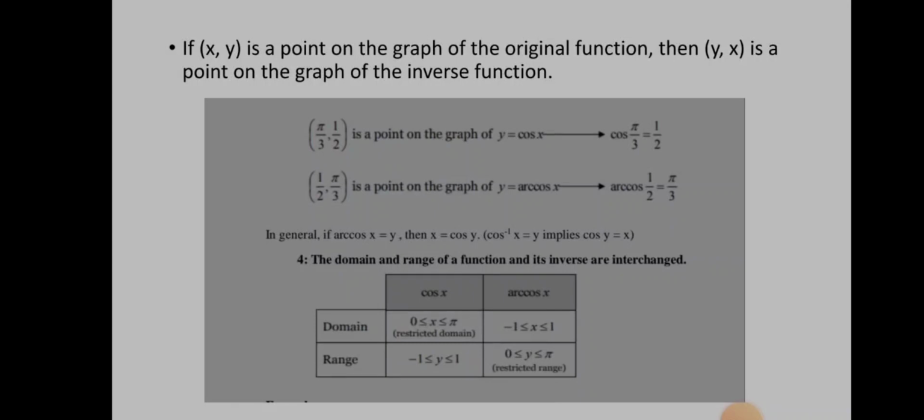The range of cos x is y greater than or equal to -1 but less than or equal to 1, and the range of cosine inverse is y greater than or equal to 0 but less than or equal to pi.